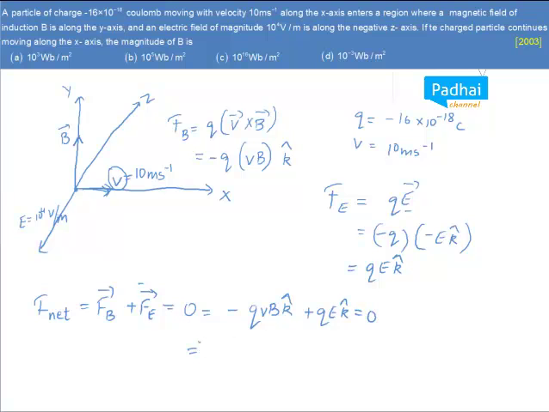So that means E should be equal to V into B, right? It implies that B will be equal to E by V, which will be equal to 10 raised to power of 4 divided by 10, which will be 10 raised to power of 3. So that means option A will be correct.